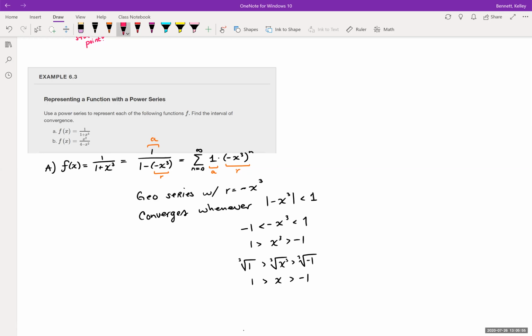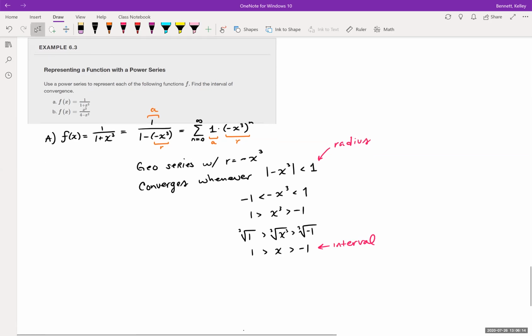So again, here, this is my radius. And this is my interval. We're centered at 0 again, so this is pretty straightforward as far as radius and interval, they almost feel the same. So our interval is, I could also rewrite it as negative 1 to 1.